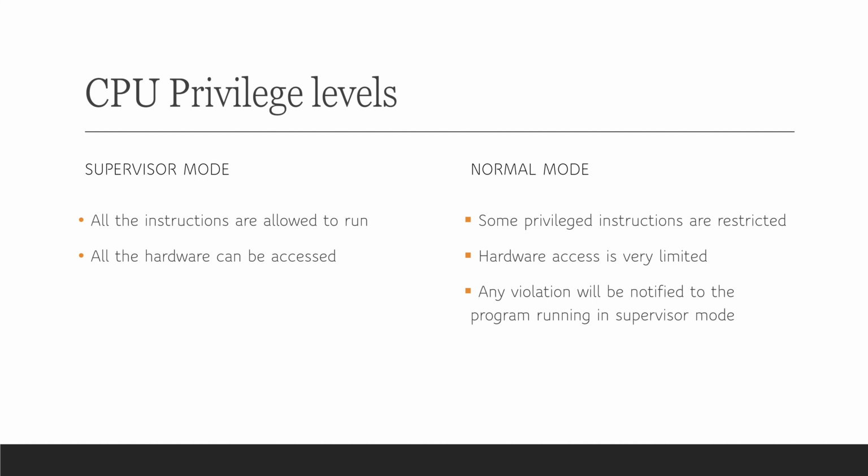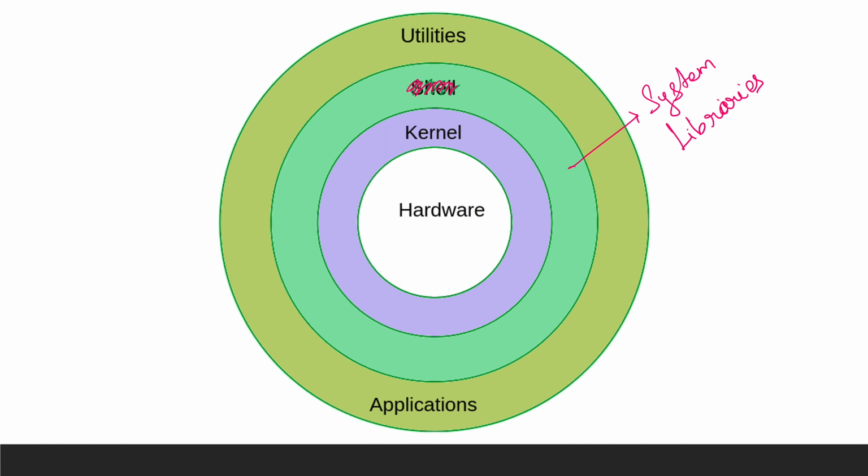Any violation by the program running in the normal mode will be notified to the program running in the supervisor mode. This feature is exploited by the kernel, and the kernel puts itself into the supervisor mode and always runs the application in normal mode.